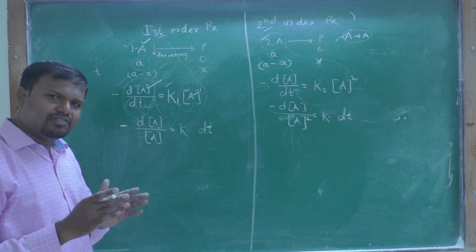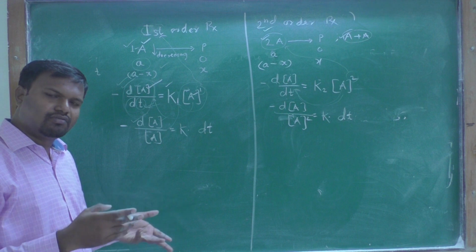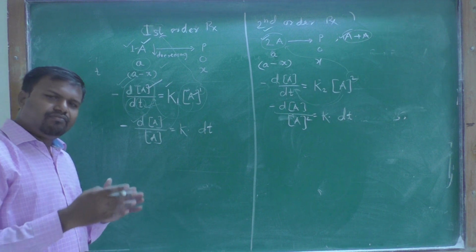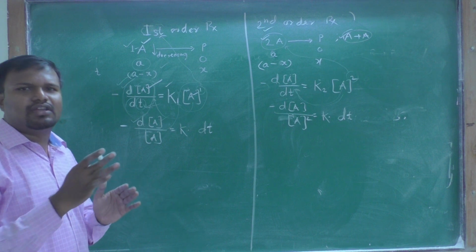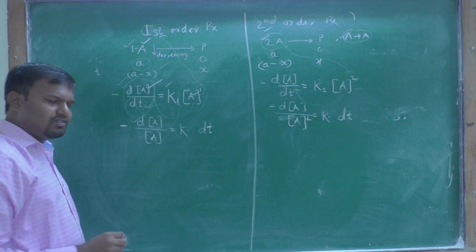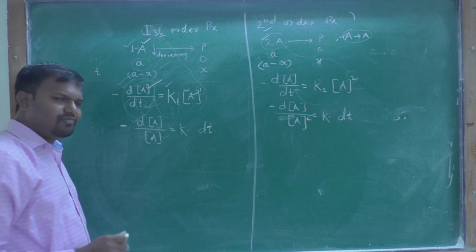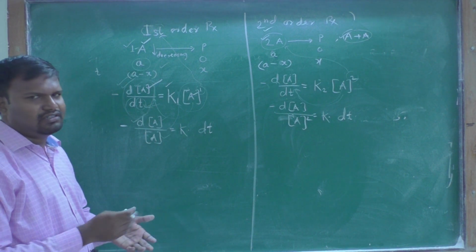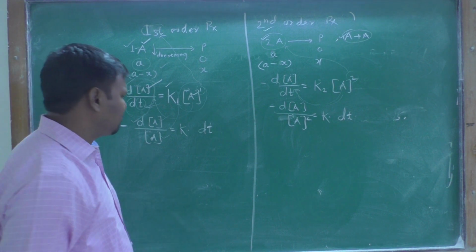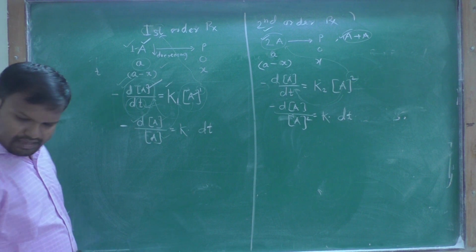An average reaction means the total reaction, calculated after a very long time interval. The instantaneous reaction is at a particular time, within 1 second, how much reactant has reacted.